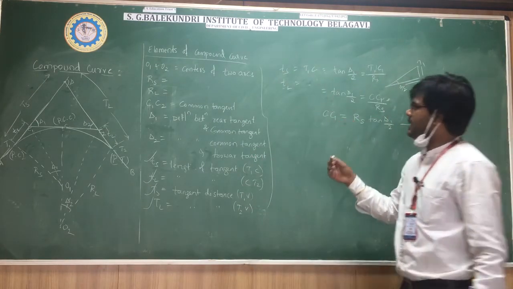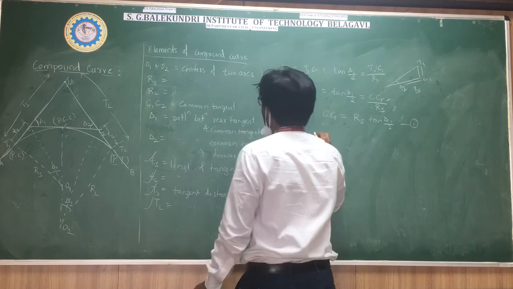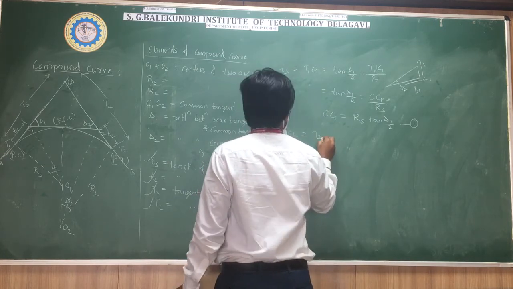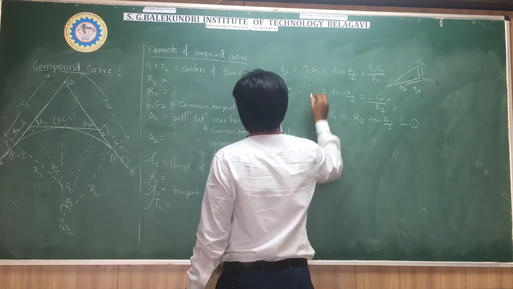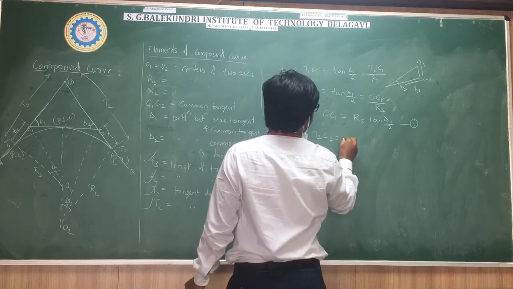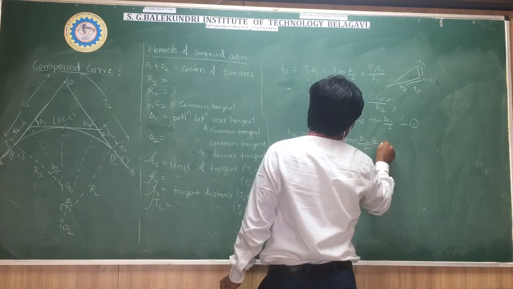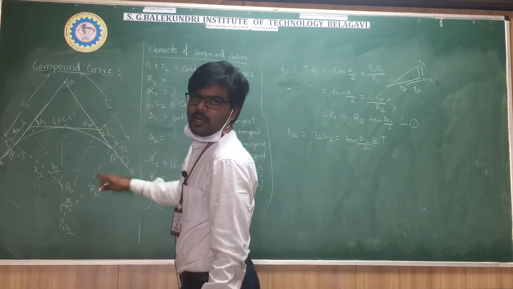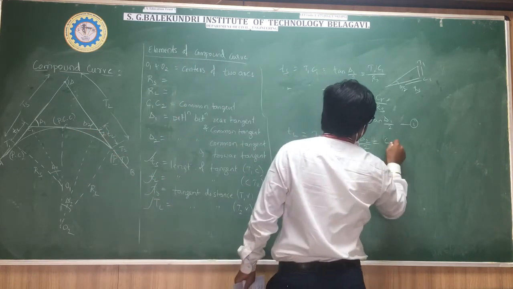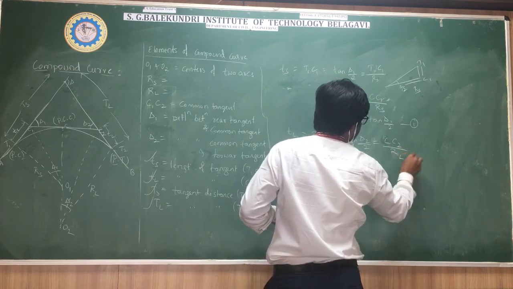Similarly, on the other side, TL is equal to T2C2, which can be written as tan delta 2 by 2, which is equal to CC2 divided by RL.